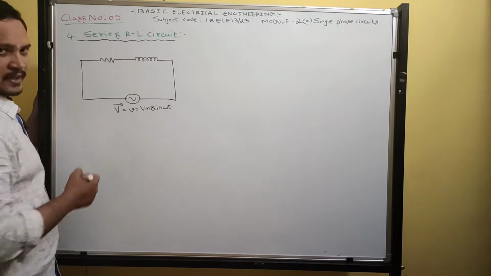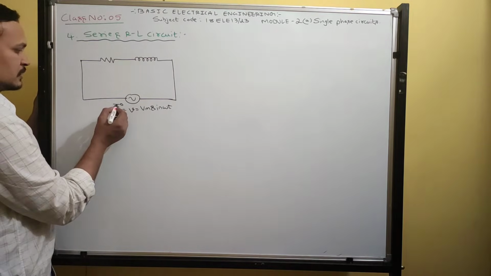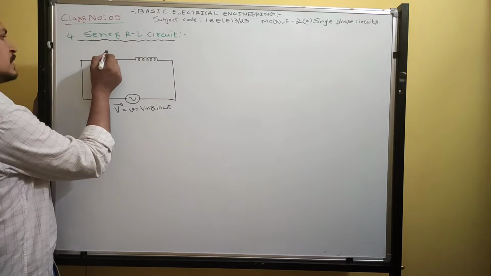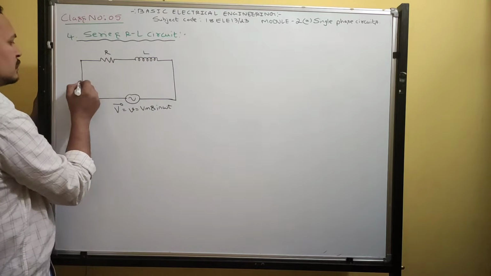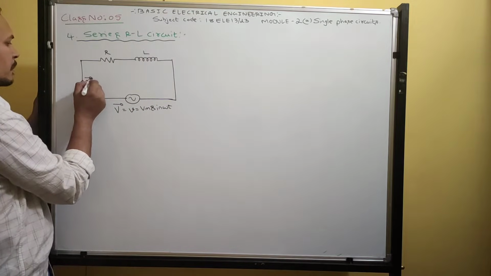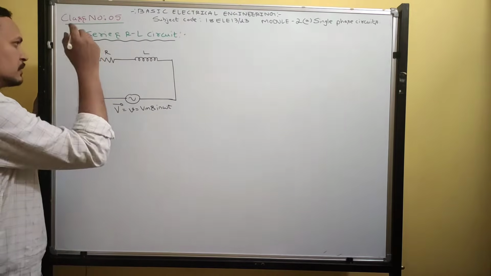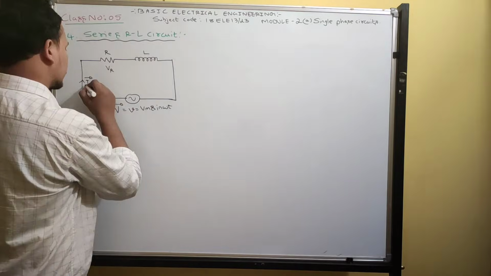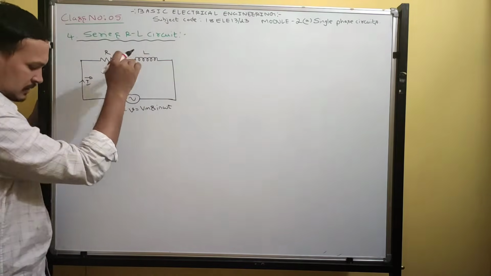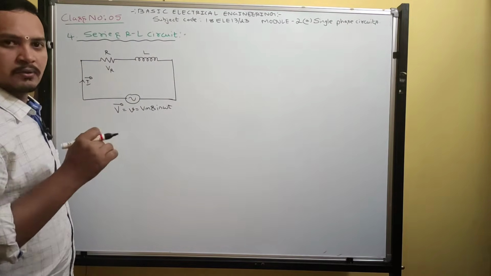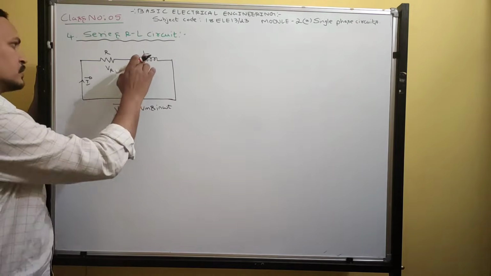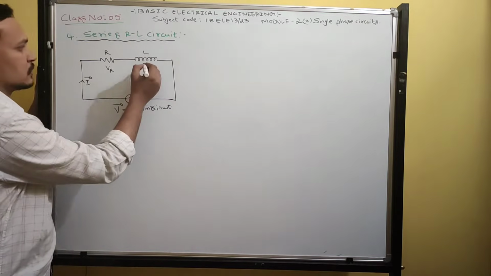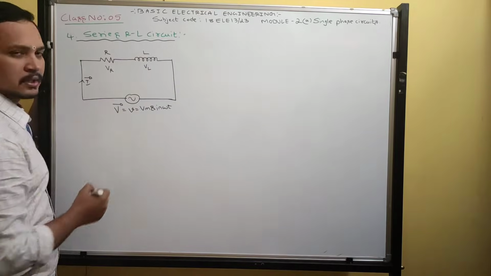AC is a vector quantity, so we need to represent it as a vector. Resistance R, inductance L and some current flows. This current into resistance gives the voltage across the resistor, VR. And this current into the inductive reactance of the inductor gives the voltage drop across the inductor.